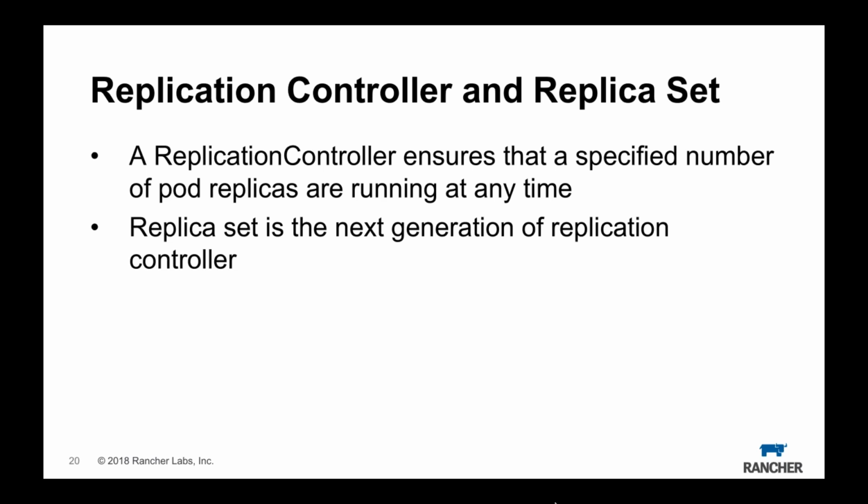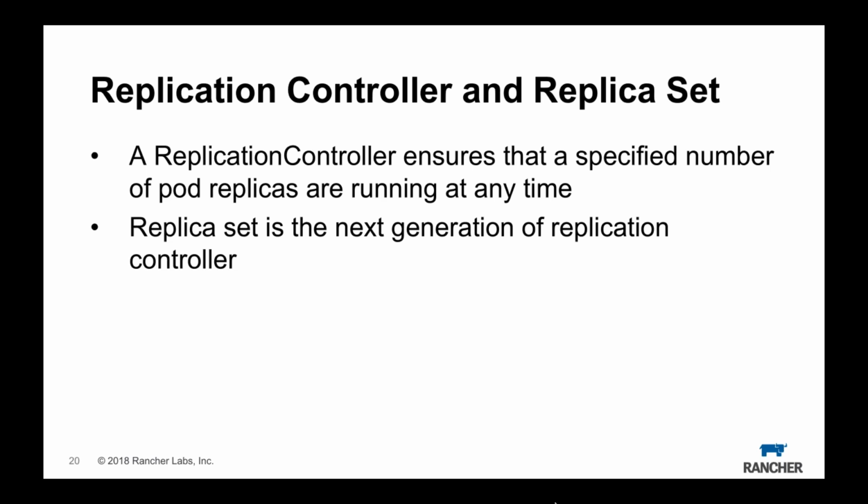Moving on to the Kubernetes concepts. Next is the replication controller and replica set. Using replication controller, you can specify how many pods, also known as replicas, are desired to be always running for your application.